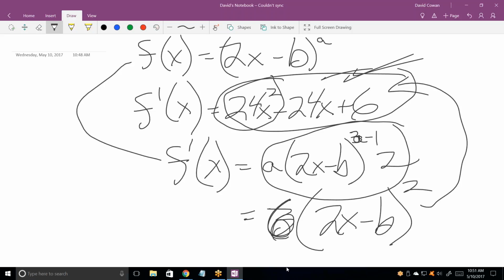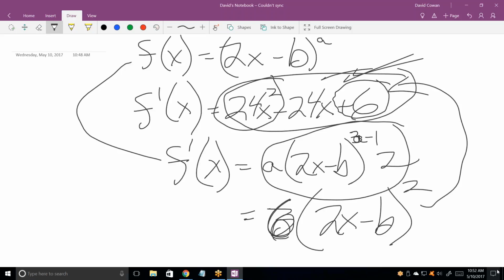What does b have to be? B has to be 2. Think 1. In other words, if b is 1, then when we square this term, we end up with a constant of 1, and that constant needs to be multiplied by this 6. Okay, that makes sense.